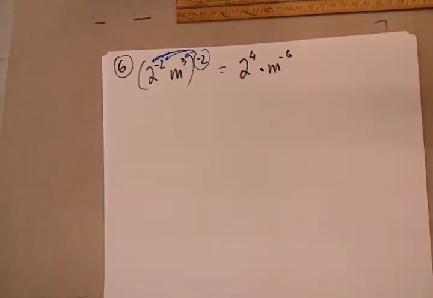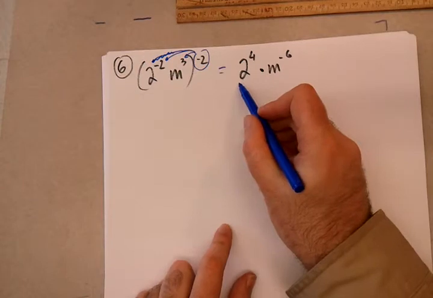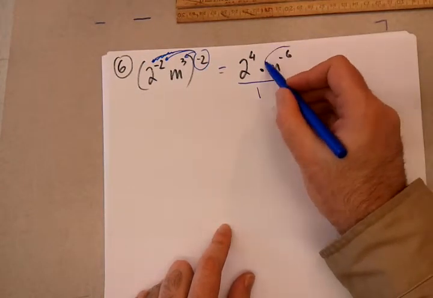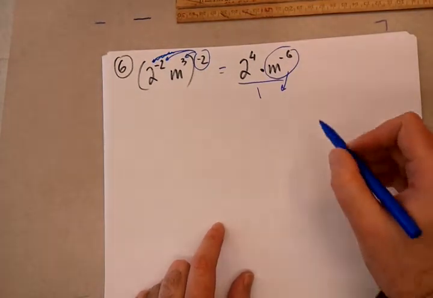Now anything that has a negative exponent, you have to switch it to positive, and the way you do that is you take its reciprocal or simply flip. If it's in the numerator, it goes into the denominator. If it's in the denominator, it goes into the numerator. So imagine this is all over 1, and this is going to now flip down.